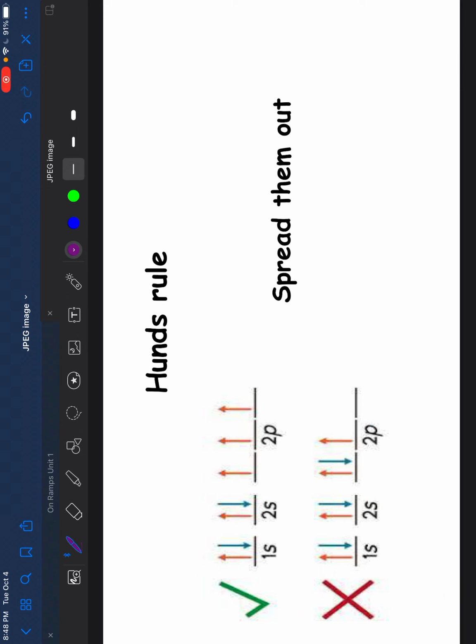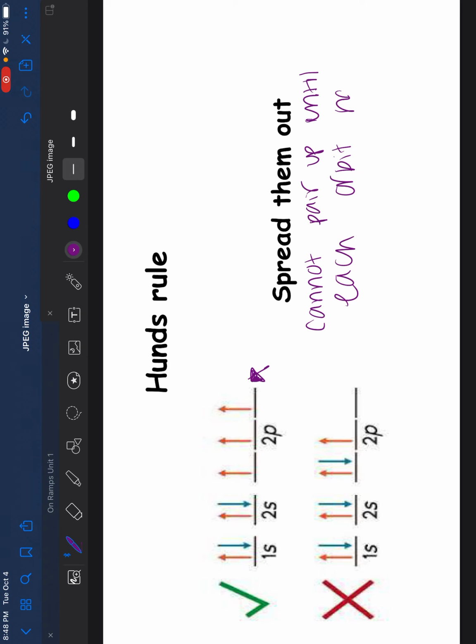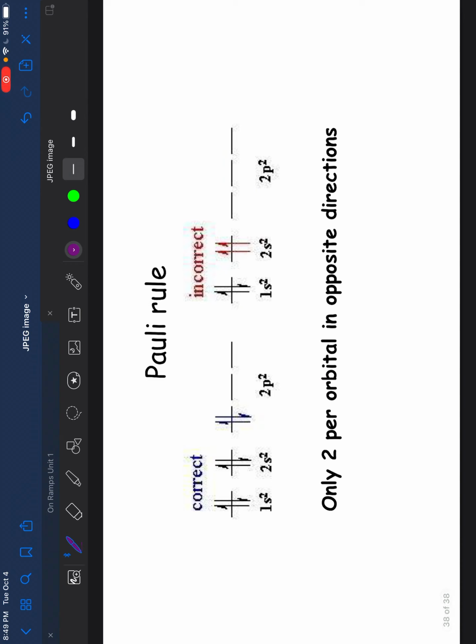Hund says to spread out your electrons. As we were talking today, you have to put 1 in each orbital, like you do up here. You can't pair up until each orbital has 1 electron.